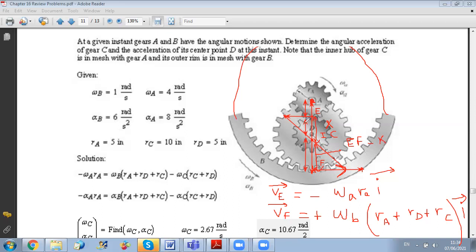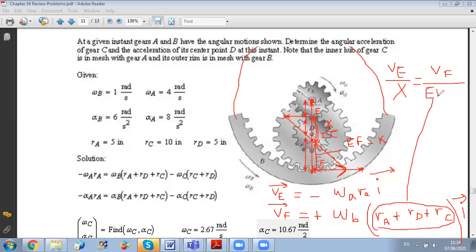So we can write that the velocity of point E over the distance from E to IC, which is x, is equal to the velocity at point F over the distance from IC to F. EF is equal to RA plus RD plus RC, so this is over EF minus x.